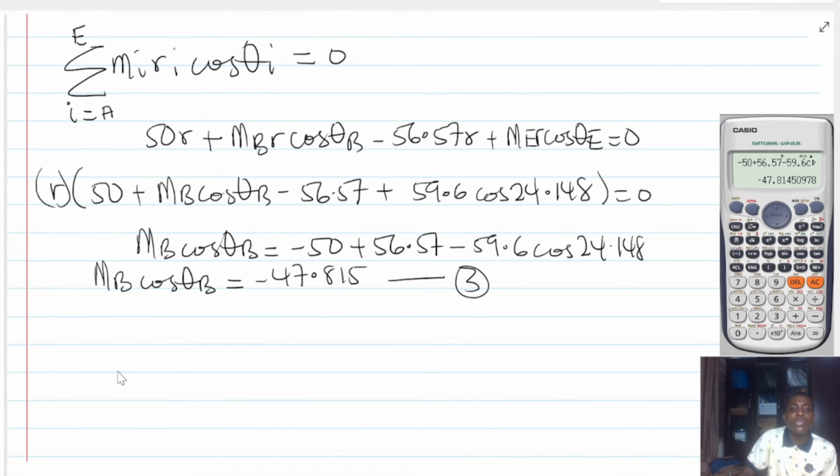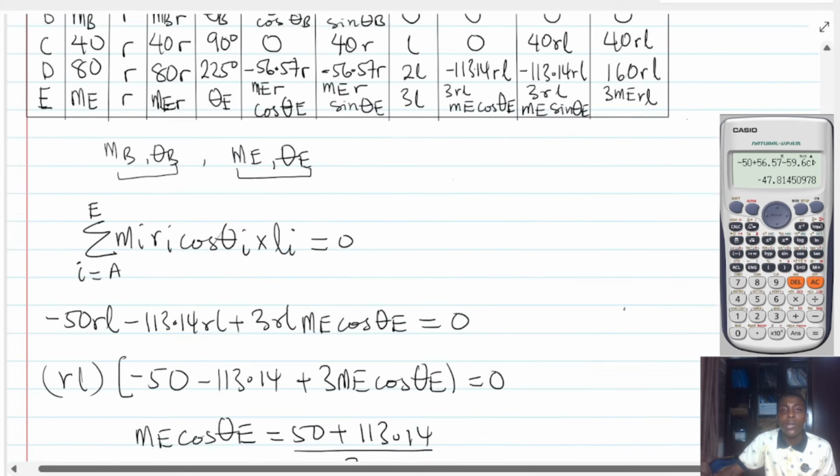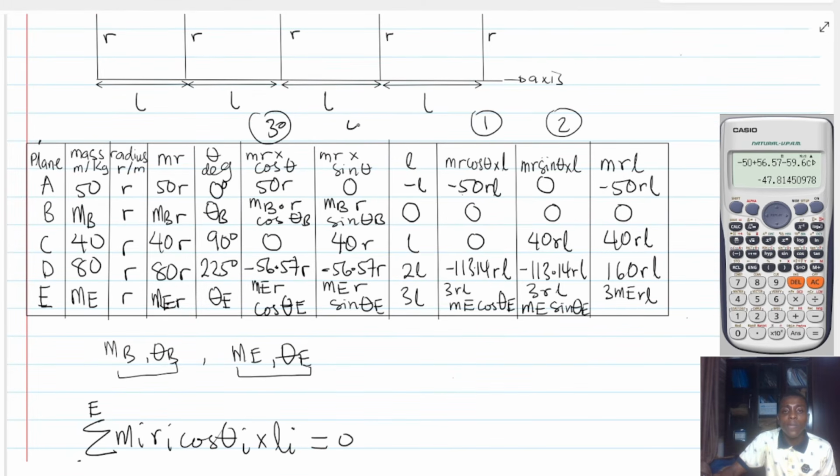And finally, I'm going to do summation mi sine theta I to be 0 from I equals A to E. And let's do that. I'm going to take this column. So the last column, this one. Now I'll do MB. I think it's the same thing. So let's do it together.